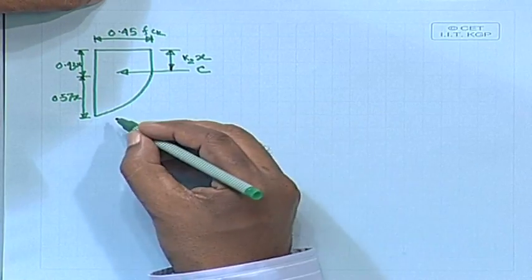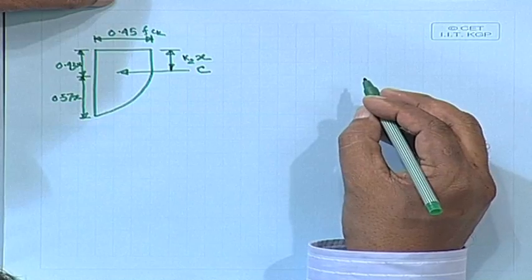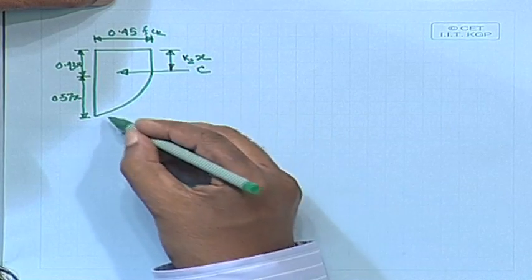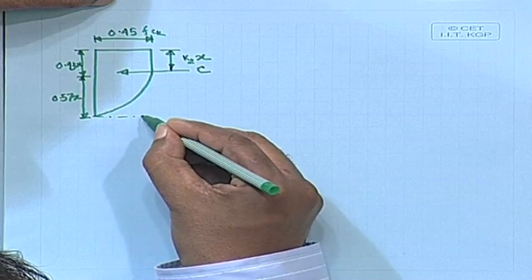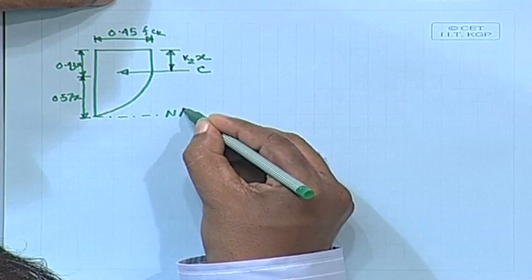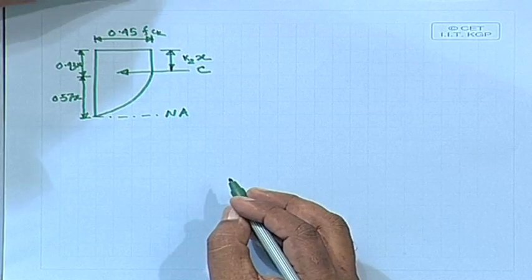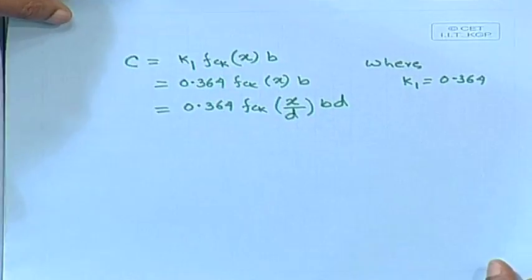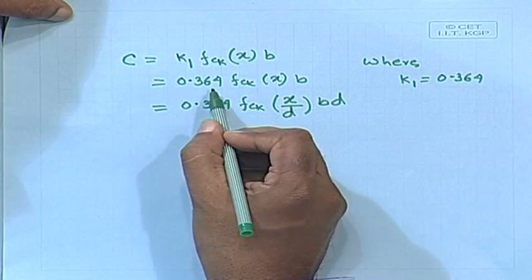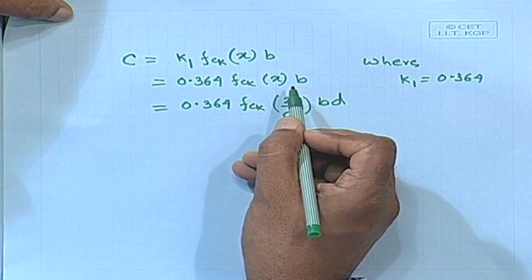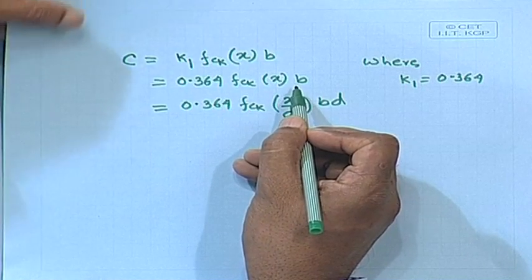We shall take moment about the neutral axis. This is our neutral axis. Already we have computed that C is 0.364 FCK XB, that is the total force.